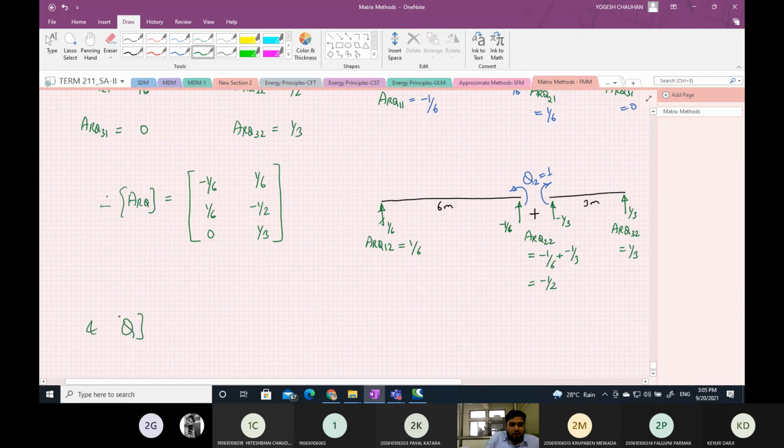and Q matrix is equal to minus 225 and minus 90.